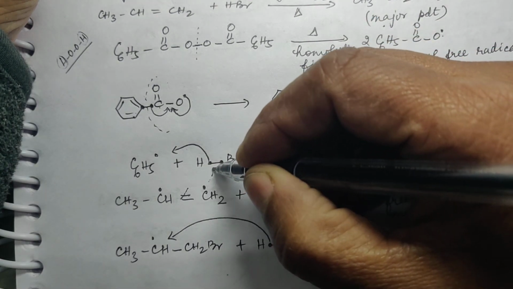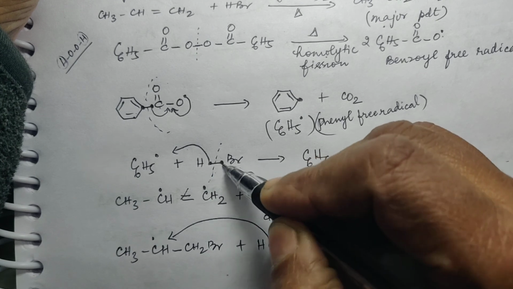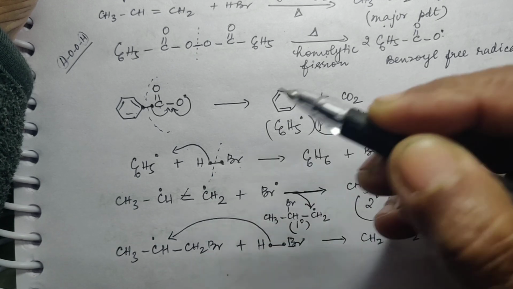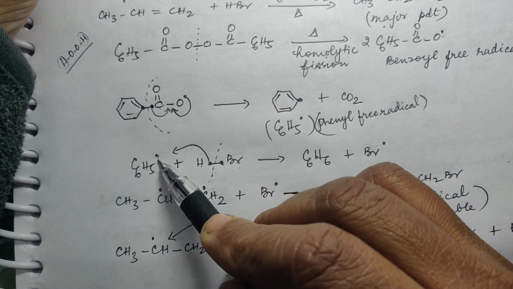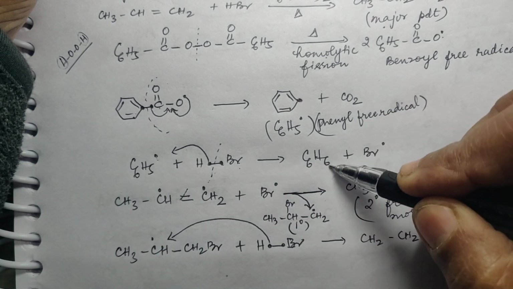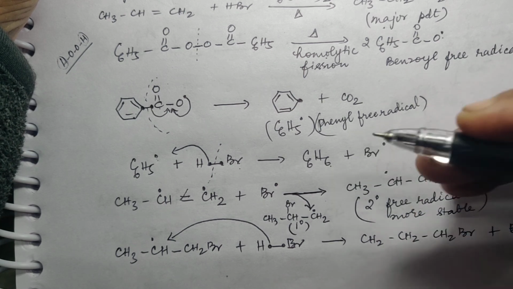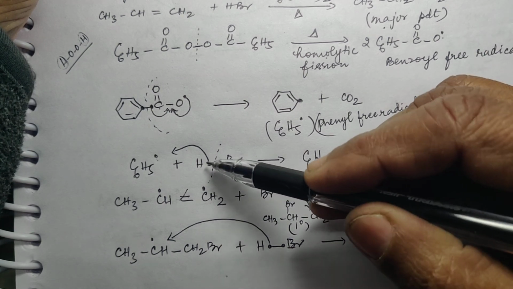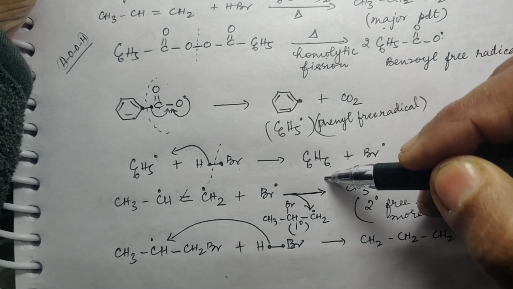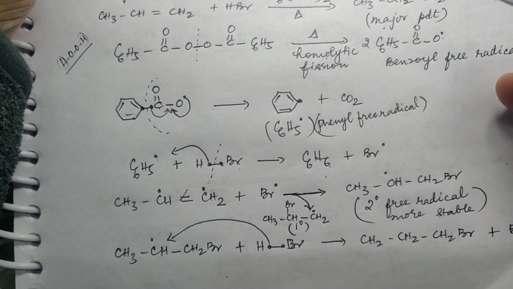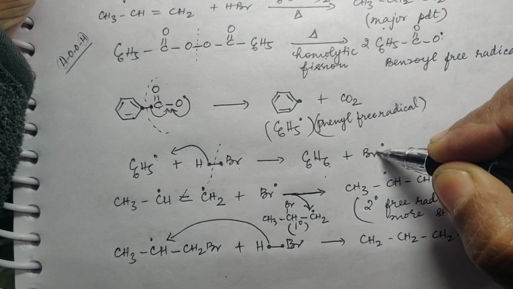If this HBr is undergoing homolytic fission, this will be H dot and Br dot. Out of the two, H dot will go with this phenyl free radical and become benzene. Anything and everything will take place only towards stability. So H dot will go with this and get out as benzene, leaving behind a bromine free radical.